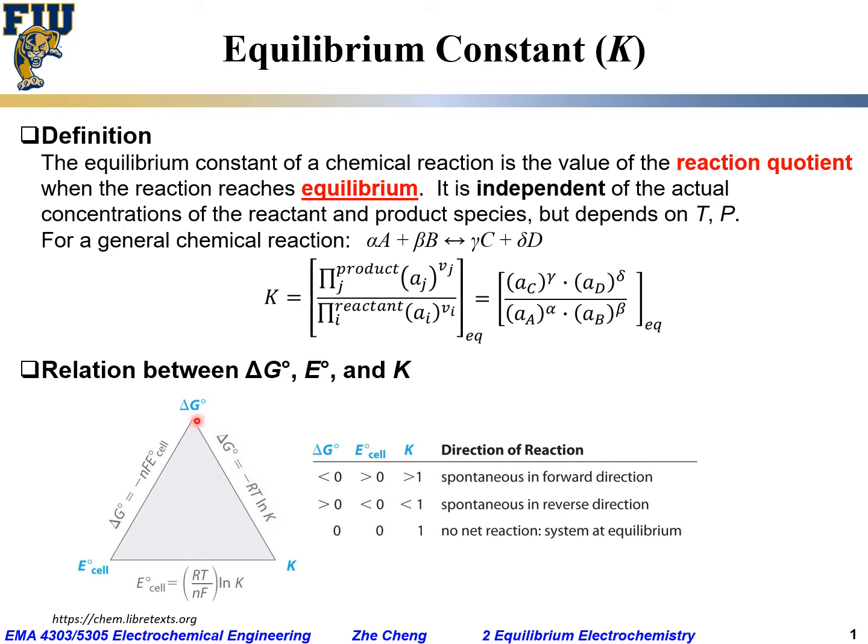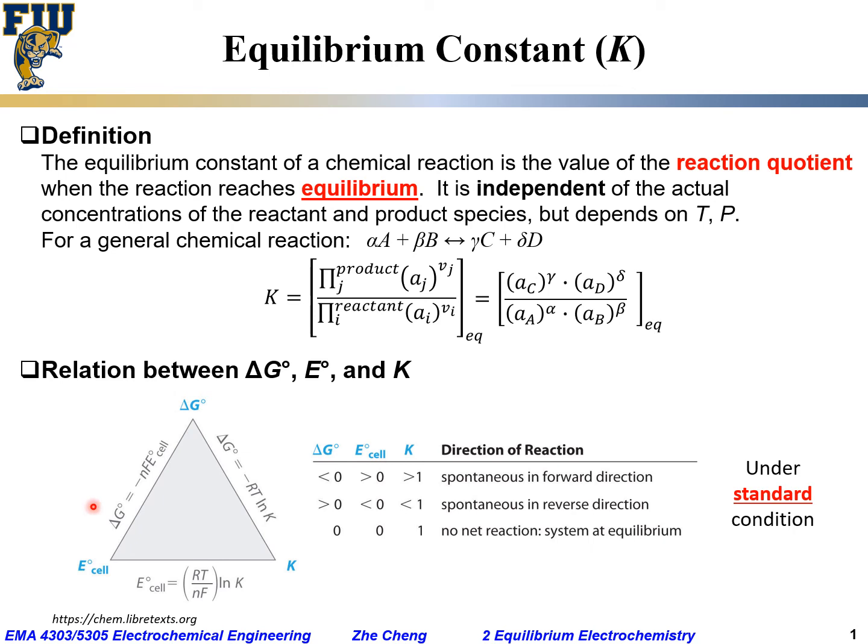Similarly, between delta G0 and E cell 0, that will be the conservation of energy. The electrical energy, which is nFE0, would be equal to the absolute value of the change in free energy.